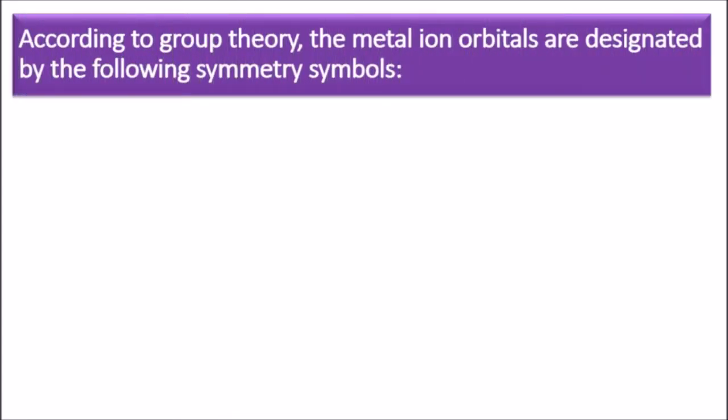According to group theory, the metal ion orbitals are designated by the following symmetry symbols, Mulliken symbols. We have one part as orbitals, the other as symmetry symbols, and the symmetry symbols are nothing else but Mulliken irreducible terms assigned to the valence orbitals of the central metal ion.